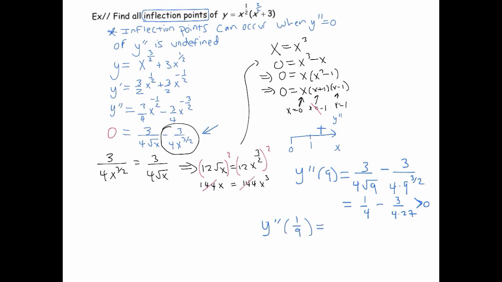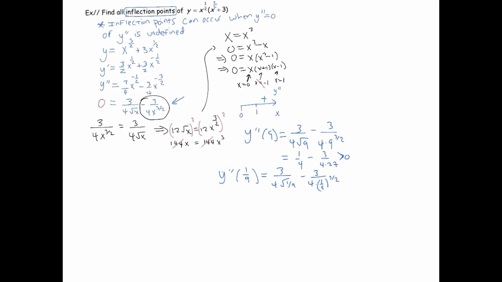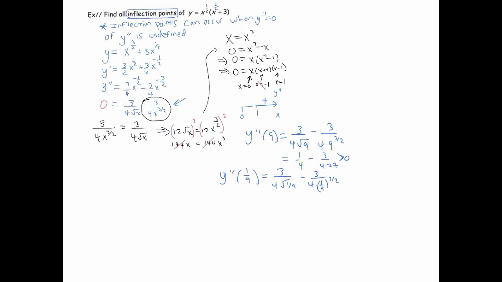So that's going to be 3 over 4 times the square root of 1/9 minus 3 over 4 times 1/9 to the 3/2. So you can see why having some good knowledge of exponential properties is going to be useful for these problems. But 3 over 4 times the square root of a ninth, which is a third, minus 3 over 4 times the square root of a ninth, which is a third, cubed gives me 1 over 27.